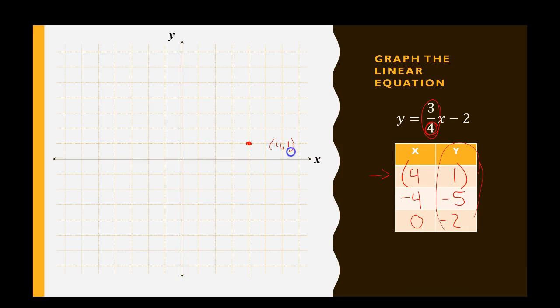It's 4, 1. Then -4, -5, so that's 1, 2, 3, 4 to the left, and down 5, 1, 2, 3, 4, 5 right there. And then the last one is 0, -2, so that's nothing to the right or left, and down 2.